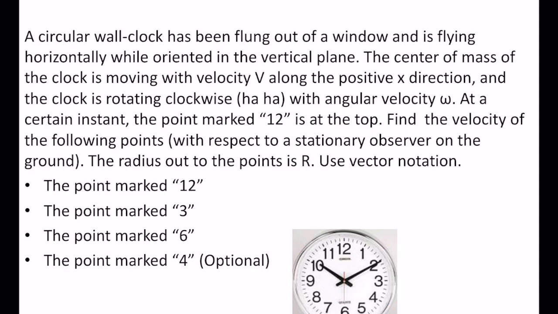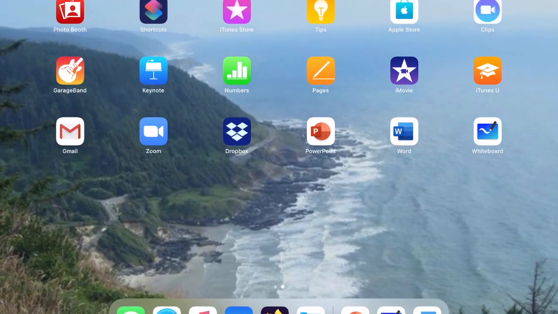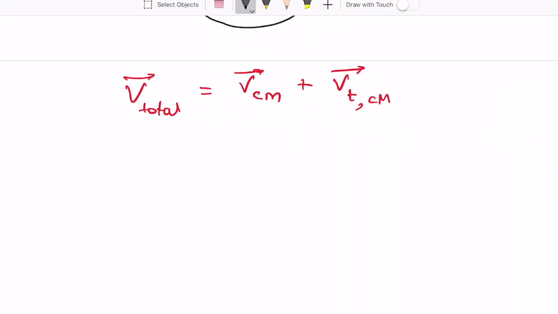What we're given is the velocity of the clock, capital V, and the radius of the clock, and we have to find the total velocity of a few points marked on the clock. So let's give it a try.